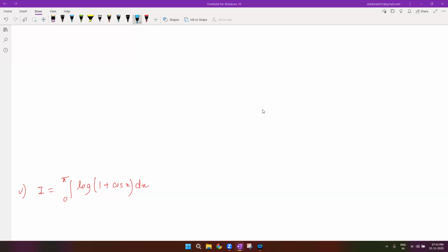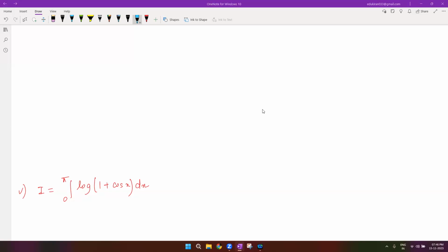Wow. Guys, how would this go? Without trigonometry, we are nothing in 12th maths. In 12th maths, we will have to use a lot of trigonometry. Cos pi minus x is, guys, minus cos x.